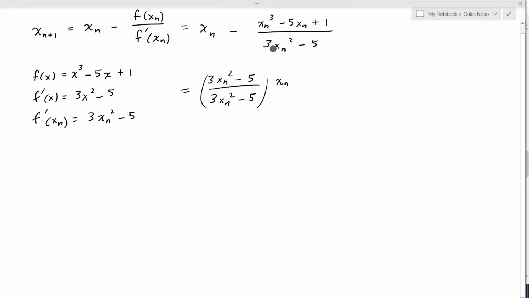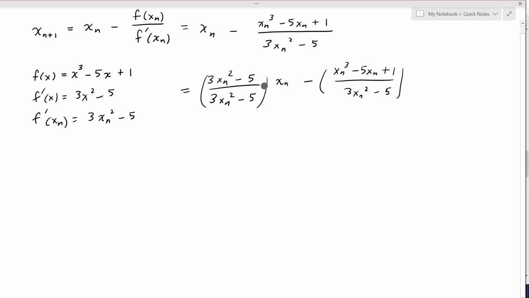The reason I'm doing that is because then we'll have a common denominator here and here. It's perfectly legitimate to multiply by 1 because it doesn't change the value. But now we're going to have the same denominator, so we can subtract the tops.